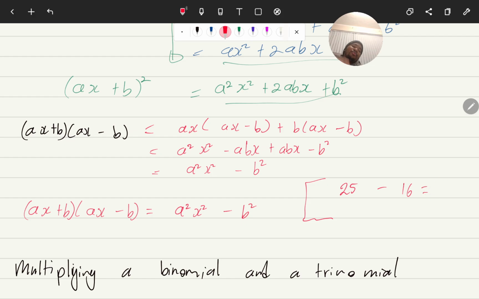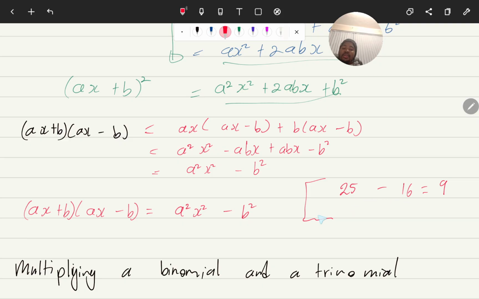Of course, when you do this thing, it's gonna be 25, 20, 16, 4, 8, so 4. Wait, 25 minus 16. We have 5, we have 4, it's 9. The answer is 9, right?